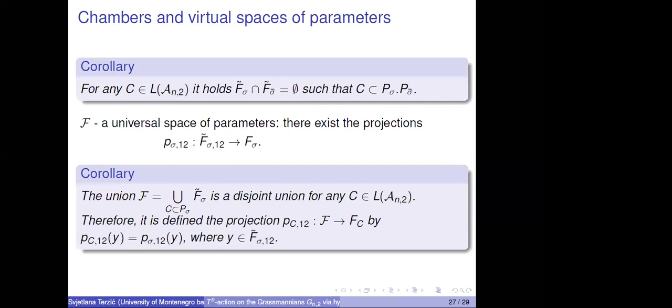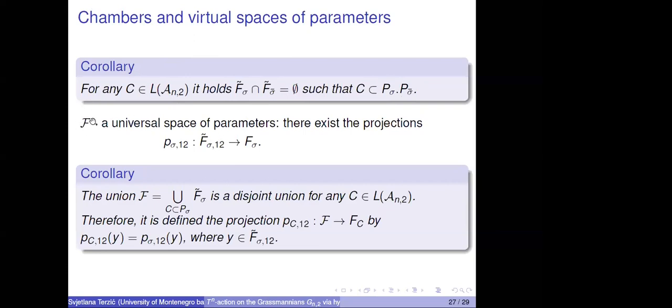Using this universality theorem, one can also conclude, if one relates this chamber decomposition to the virtual spaces of parameters, that if we have some chamber which is obtained as the intersection of all admissible polytopes that contain it, then the corresponding virtual spaces of parameters do not intersect.